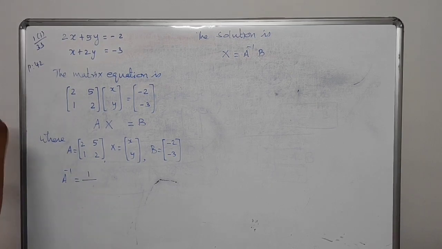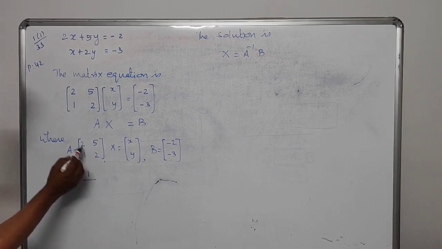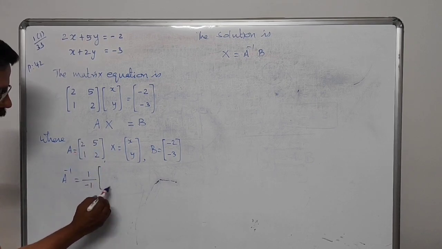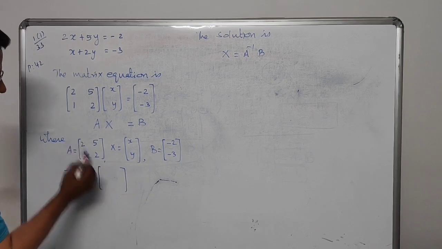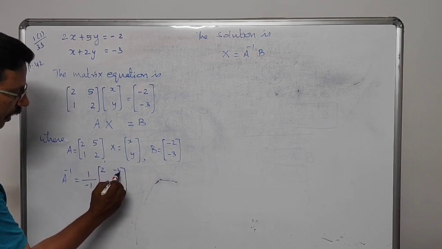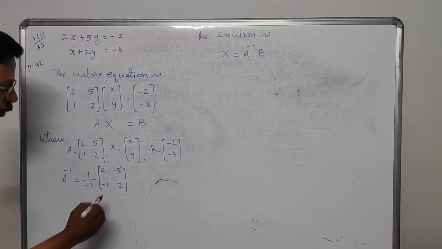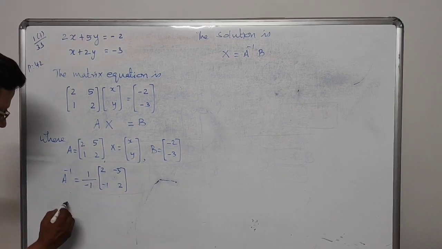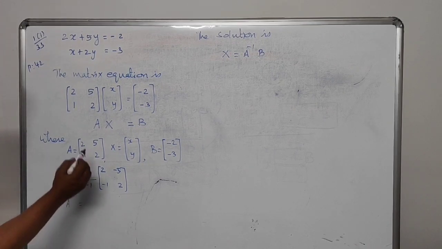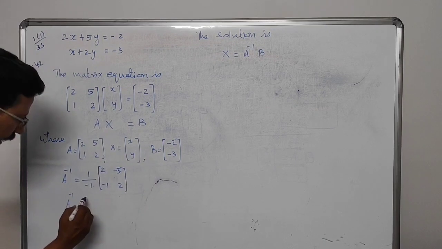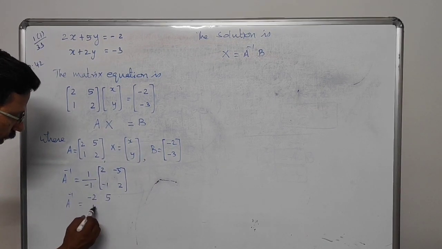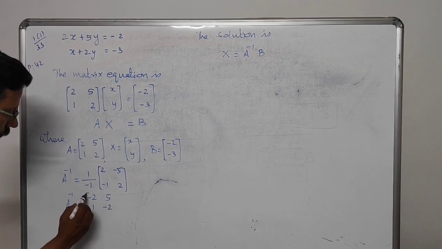Determinant A means 2 twos are 4, minus 5, gives minus 1, into its adjoint. Interchange the leading diagonal elements and change the sign of the anti-diagonal elements: 2, minus 5, minus 1, 2. Now A inverse is equal to, this 1 by minus 1 is minus 1, take inside, you get minus 2, 5, then 1, minus 2. Now this is A inverse.